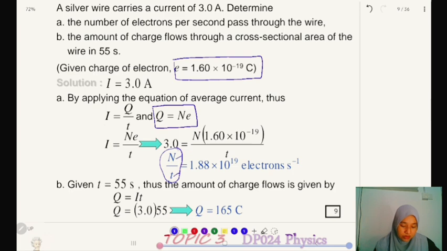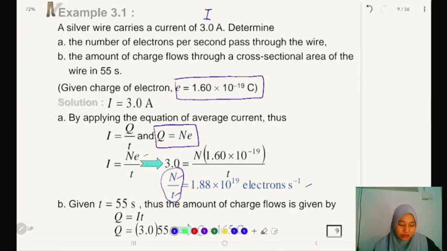So I equals Q over T, and Q equals NE. Substitute here, and we get N over T equals 1.88 times 10 to the power of 19 electrons per second.